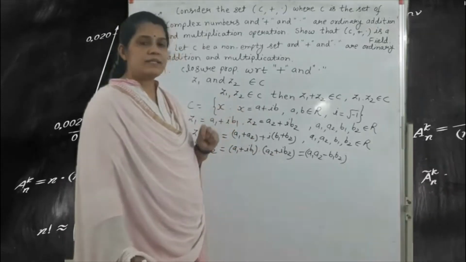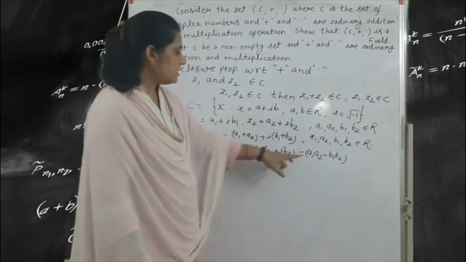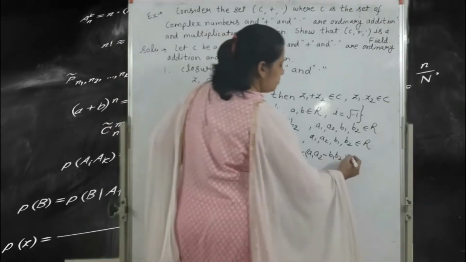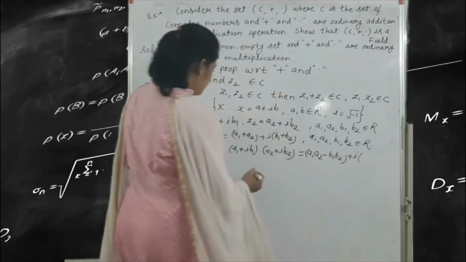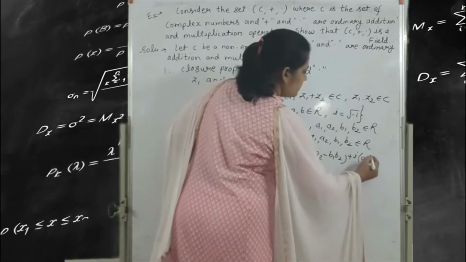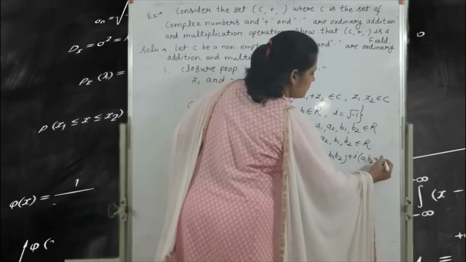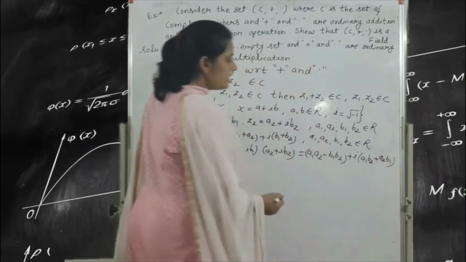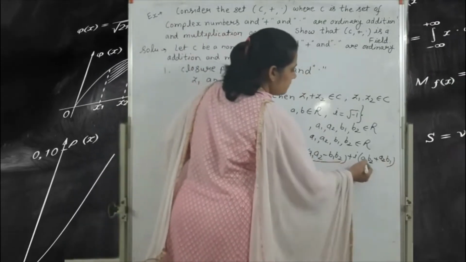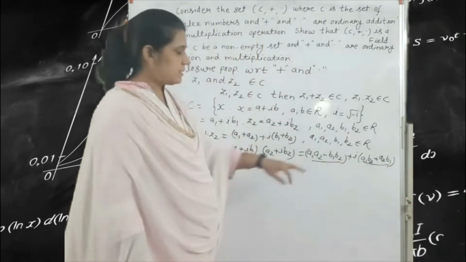So i square is equal to minus 1. So here (a1 a2 minus b1 b2) plus i(a1 b2 plus a2 b1). The real part is a1 a2 minus b1 b2. So this also belongs to R. This is a real number.